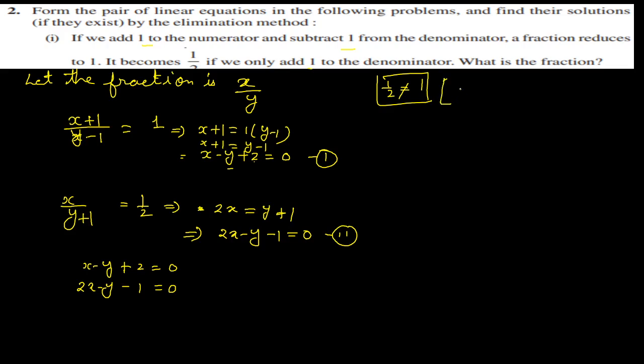What we have compared here is a1 upon a2 not equal to b1 upon b2. That means they have a solution. So how can we solve this? On solving equations 1 and 2.